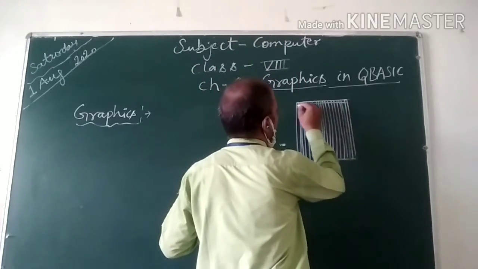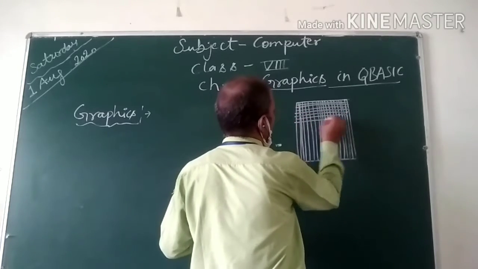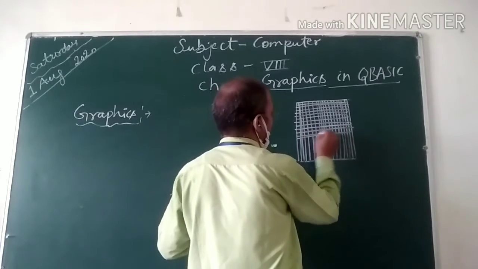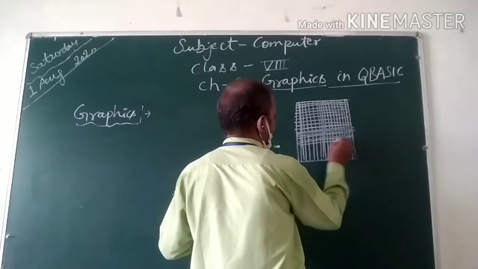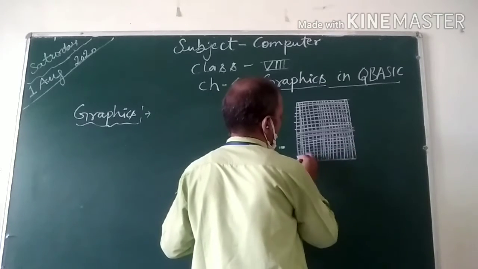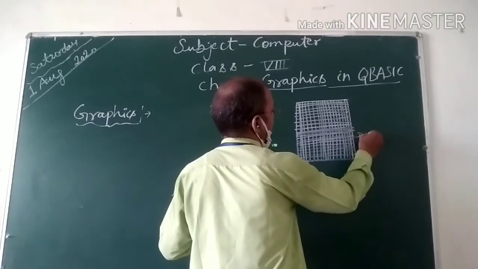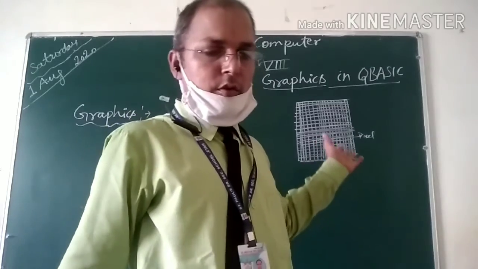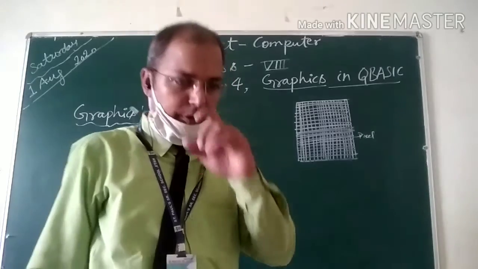Suppose this is the screen of a computer. This is the area of pixels, horizontal and vertical. The number of pixels vertically and horizontally determines the resolution.